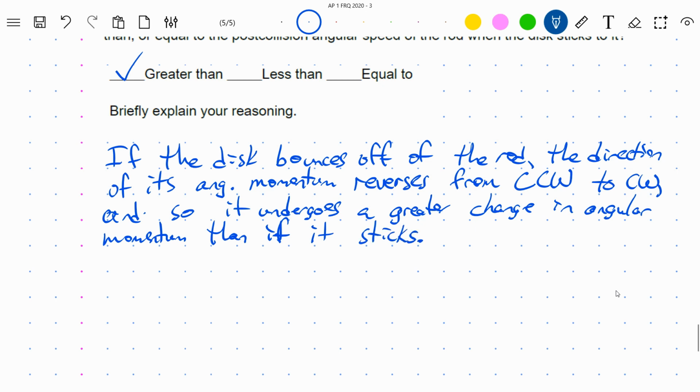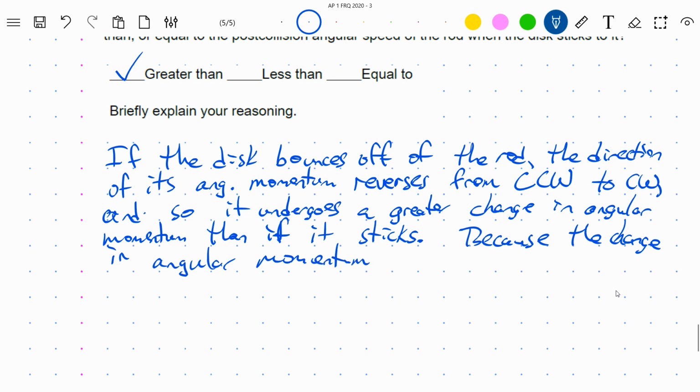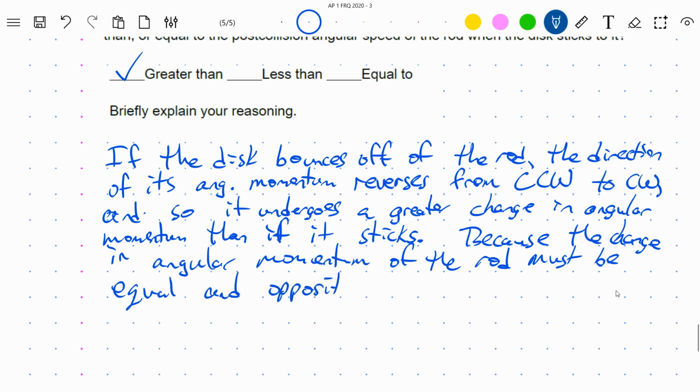So why is any of this relevant? Because the change in angular momentum of the rod must be equal and opposite to that of the disk.